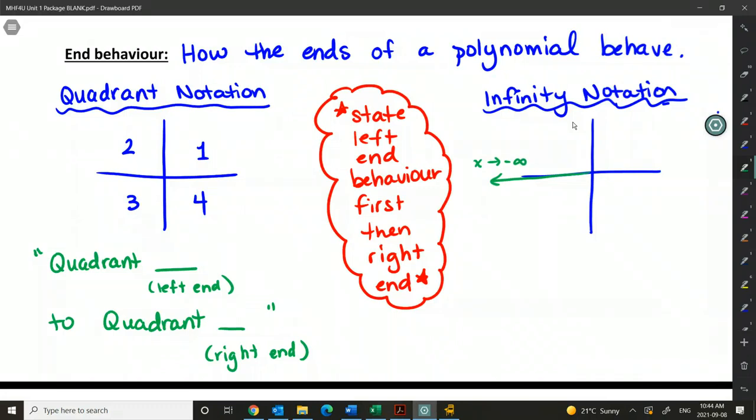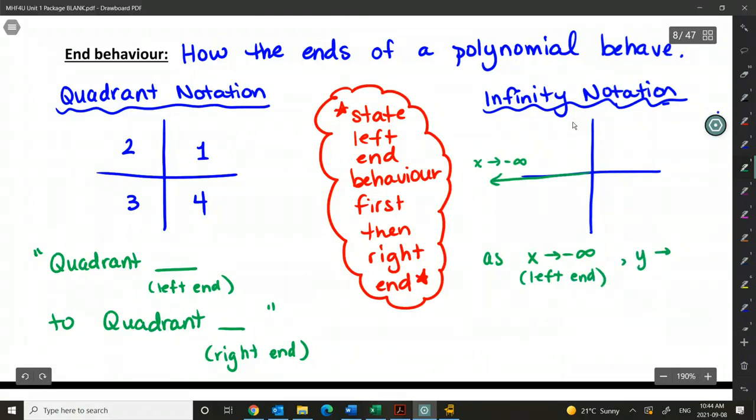We say x approaches negative infinity, and that's how I express that I'm about to tell you the left end behavior. So I will start with "as x approaches negative infinity." I will always have this because I'm always going to tell you what the left end is doing.